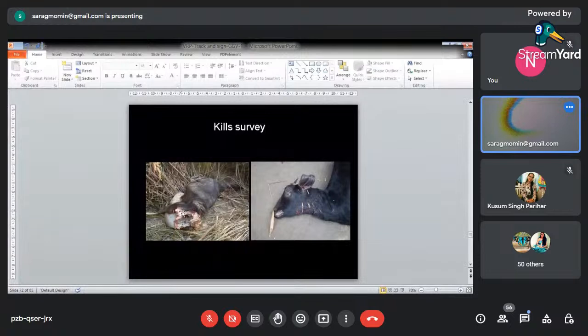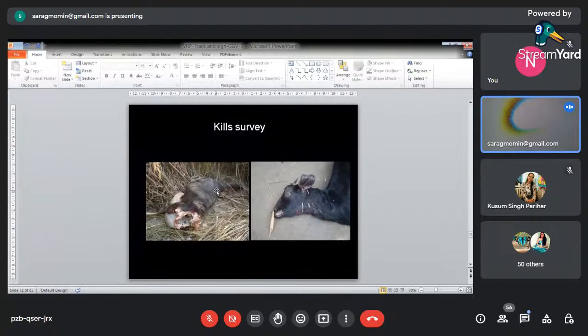But here it is huge. That means this goat was killed by a leopard, not by a tiger. This is one point. Once you find any kill, you have to check the size of the injury.